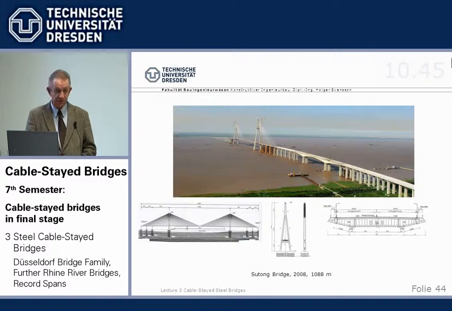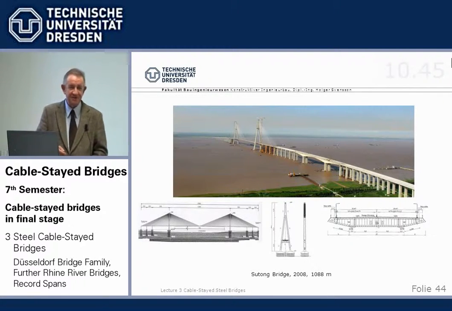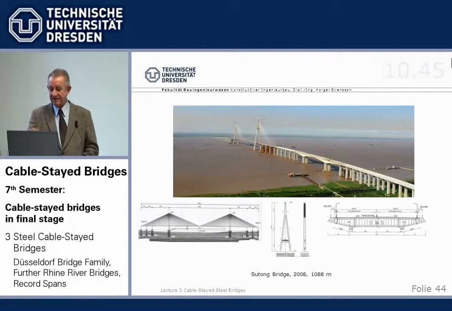Stonecutter in Hong Kong is also Chinese, of course, but it had still the special status. And in mainland China, Sutong Bridge, they started later, but finished earlier. So with their 1,088 meters, the Stonecutter Bridge never formally held the world record, but I thought I'll put them in here this way.